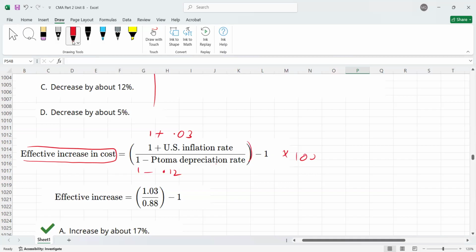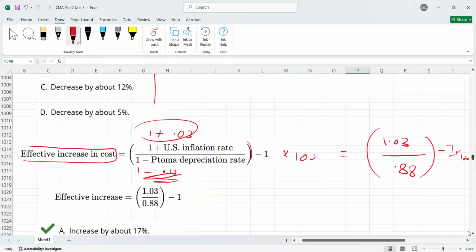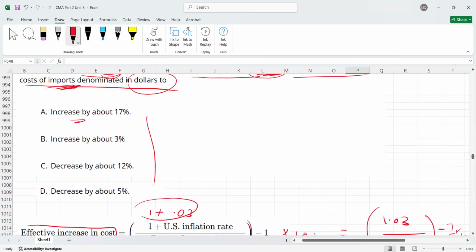Let's solve the numerator and denominator. The numerator will be 1.03. The denominator will be 0.88, because 1 minus 0.12 is 0.88. You divide, minus 1 and multiply by 100, and your final answer would be almost 17.05%, something like that. So this is the answer. Our cost will increase. How will it increase?